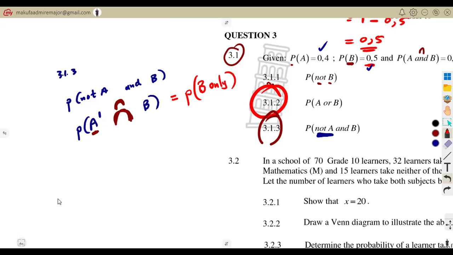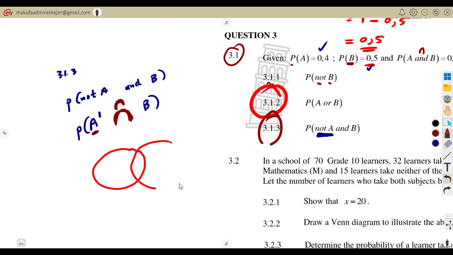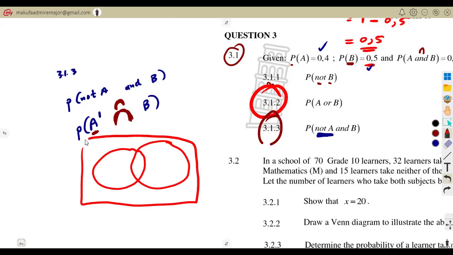It is equal to B only. Okay, let's say I do not know these laws directly. What can I do? Let's go back to our diagram. We said in terms of the diagram, it was supposed to be like this. You understand me, guys?